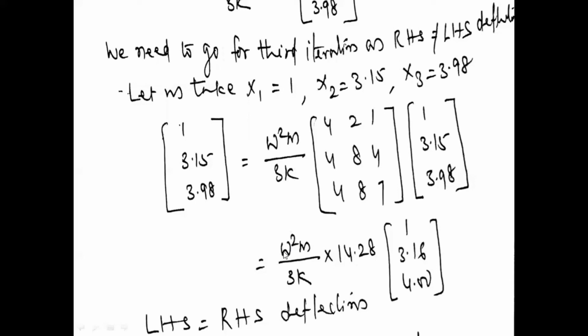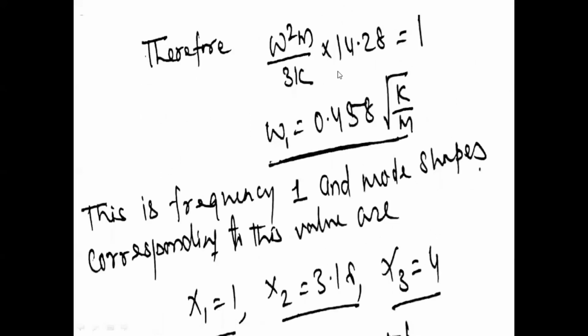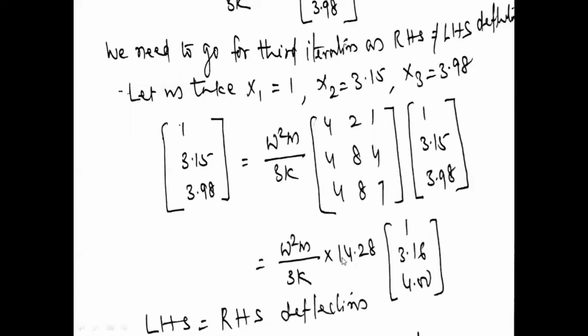You have calculated the mode shape, how to calculate the natural frequency? Since this is equal to this, this value should be equal to 1. That's how the left hand side is going to be equal to the right hand side, if this value becomes equal to 1.